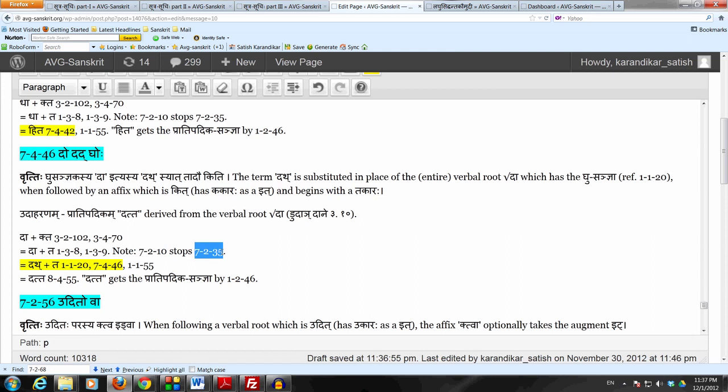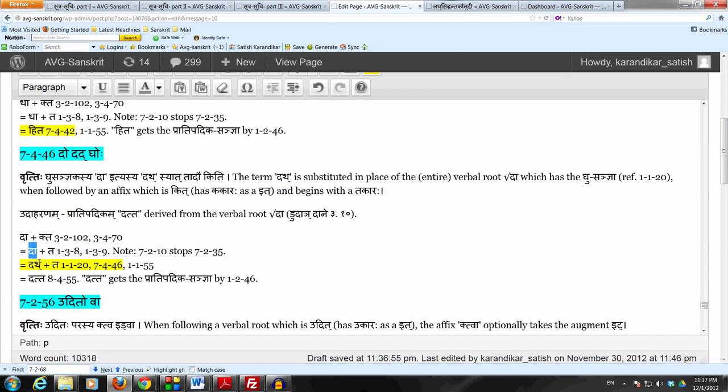And now we do have the dhatu da, which has the gu sanya by 120. Therefore we can apply the sutram 7446 and put a dat adesha in place of the dhatu, in place of the entire angam, in this case the dhatu da, which has the gu sanya.